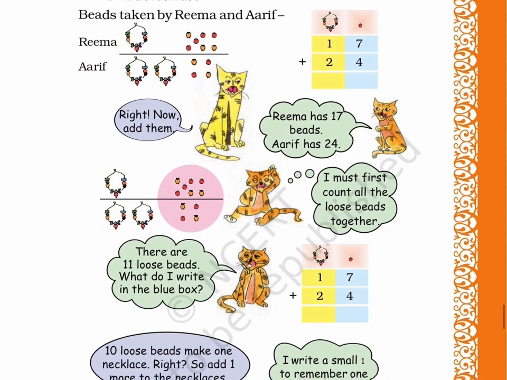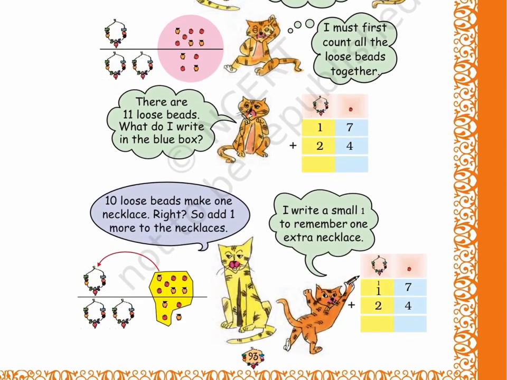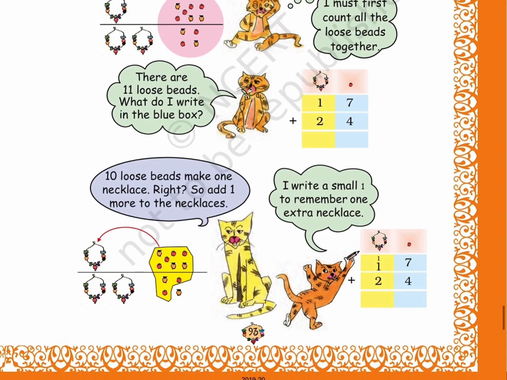In picture 4, the two cats are sitting in the middle of the pictures of beads and table. The picture of beads has 10 loose beads out of 11 grouped together in yellow color and single beads outside yellow. Cat 2 is saying, 10 loose beads make 1 necklace.